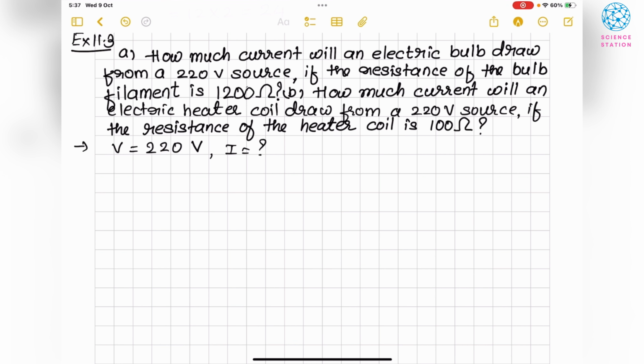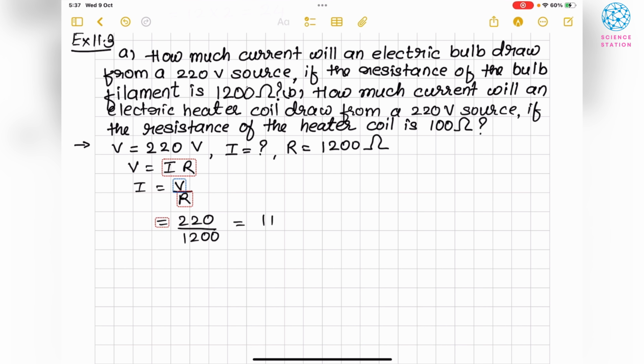Current I have to find, and R is given in the first one as 1200 ohms. So the formula used will be V equal to IR. So I equal to V by R. So that will be 220 upon 1200. So that will come to 11 upon 60, and that will be 0.18 ampere.